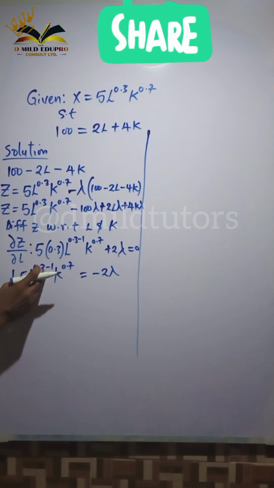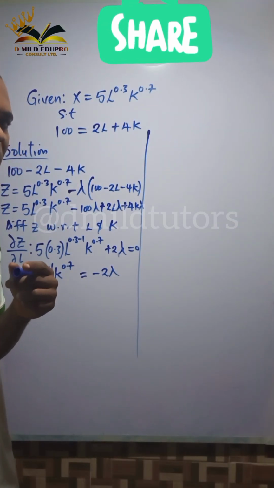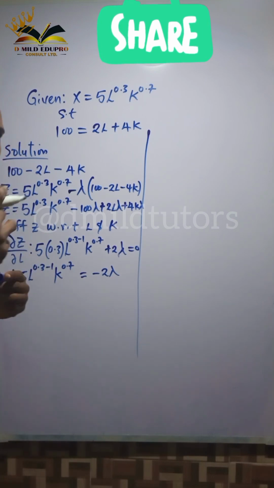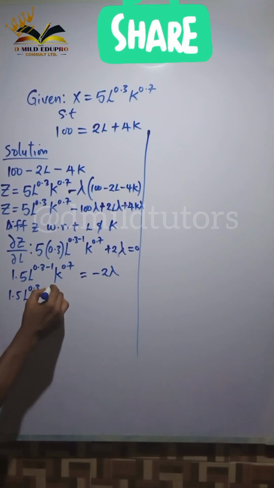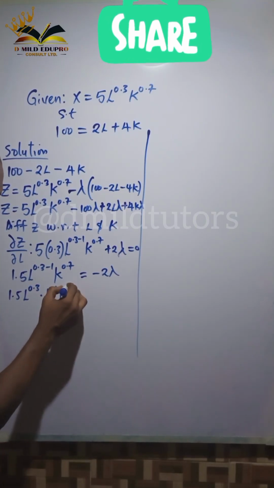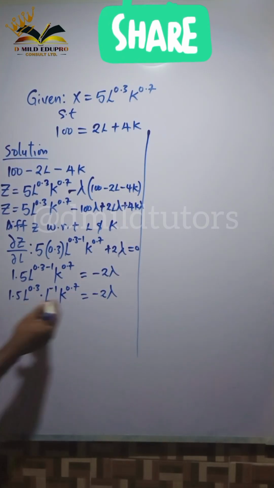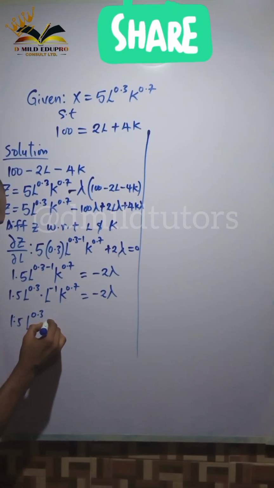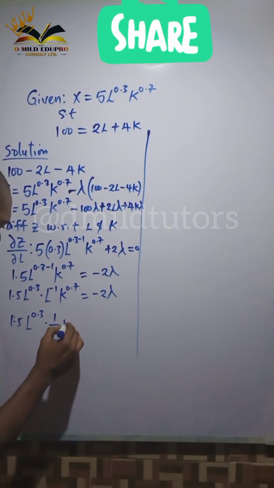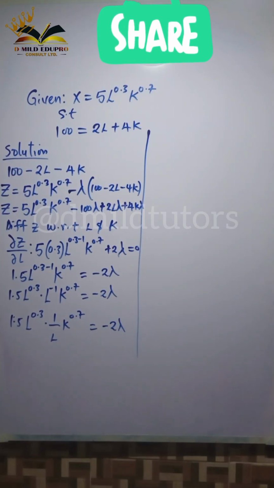Now, this, you can decide to simplify it, that is 0.3 minus 1, which will give you minus 0.7. Or, just the way you did the derivation, you can expand this to be 1.5 L raised to the power 0.3 multiplied by L raised to the power minus 1. Then you have K to the 0.7 equal to minus 2 lambda. Now, this can be done where this becomes 1.5 L raised to the power 0.3 multiplied by 1 over L, then K to the 0.7 equals minus 2 lambda.